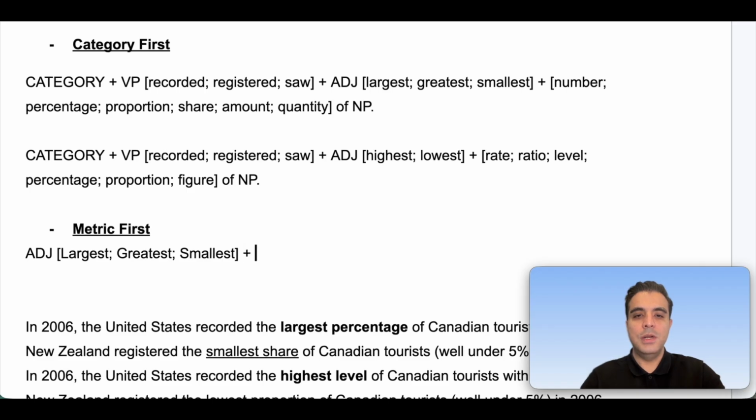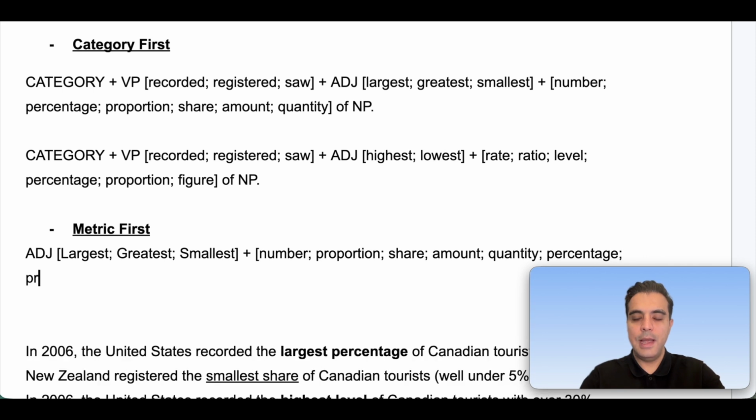Okay, as you can imagine, we follow this up with the quantifier. And the quantifiers that go with the largest, greatest, and smallest include number, proportion, share, amount, quantity, percentage, and proportion.